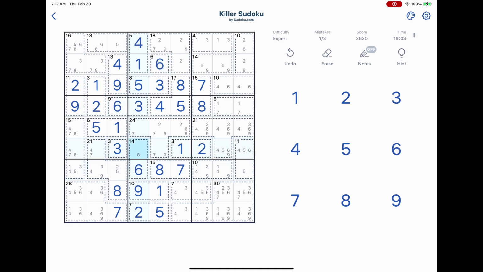Block 5. Block 2. Block 1. Complete the sum.